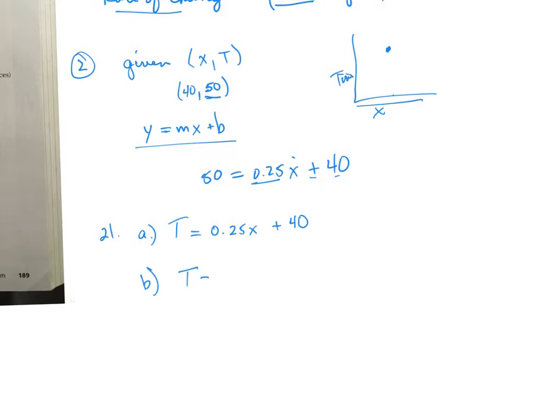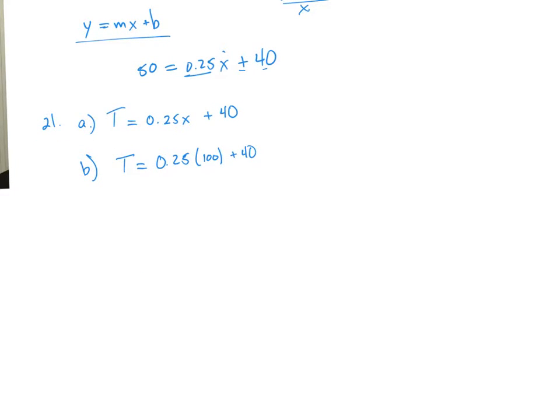Keeping the t here, we don't have the temperature yet. We're going to do 0.25 times, it said 100 chirps in 1 minute, so that's 100 for the x, because x equals chirps in 1 minute, and plus 40. That's step one. Step two is to solve it, and I'm not going to solve that for you on the video.